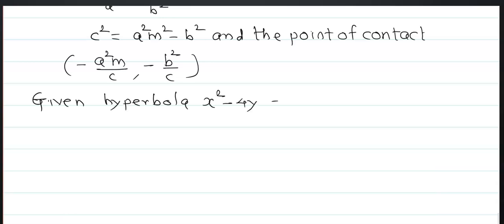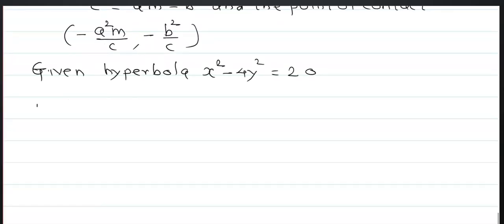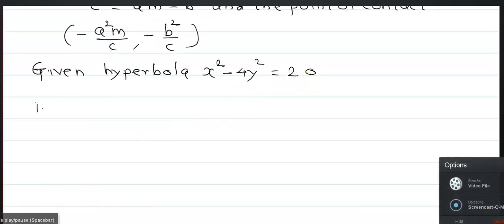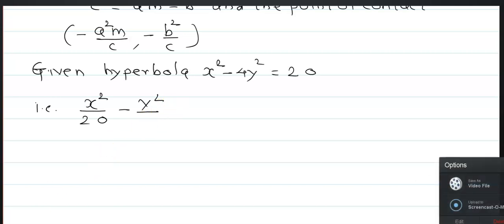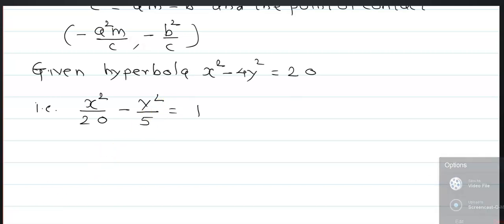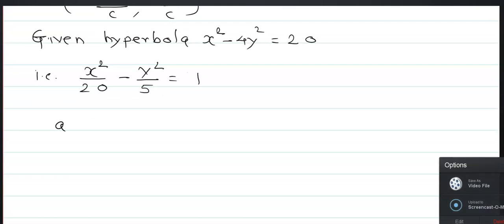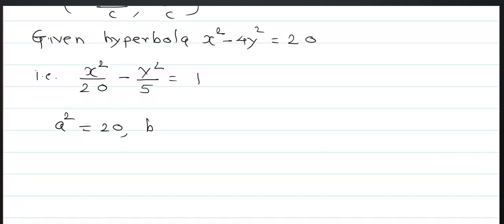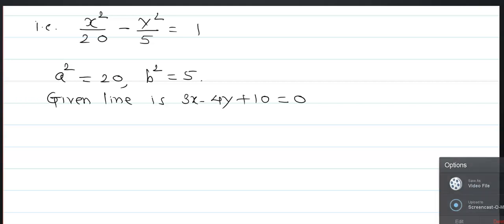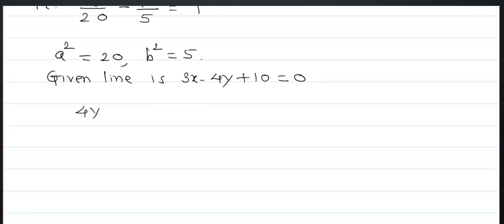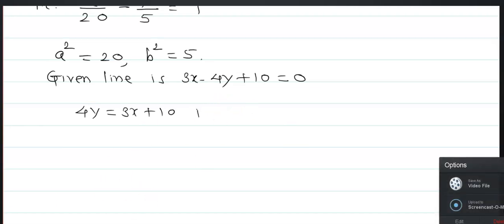Given hyperbola x² minus 4y² is equal to 20, that is x²/20 minus y²/5 is equal to 1. Therefore, a² is 20 and b² is 5. Given line is 3x minus 4y plus 10 is equal to 0. Therefore, we write it in the form y is equal to mx plus c.